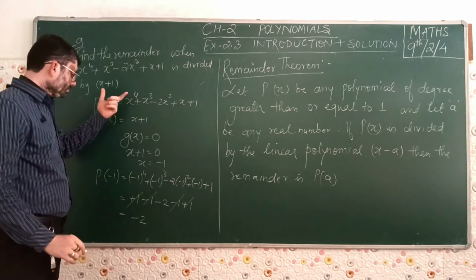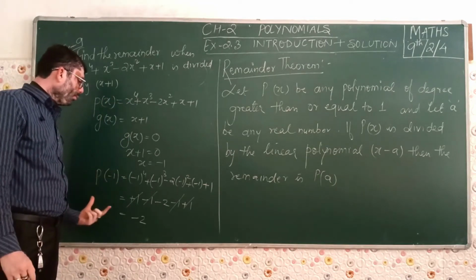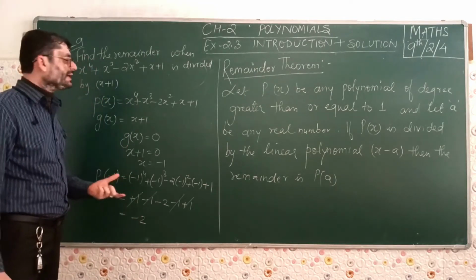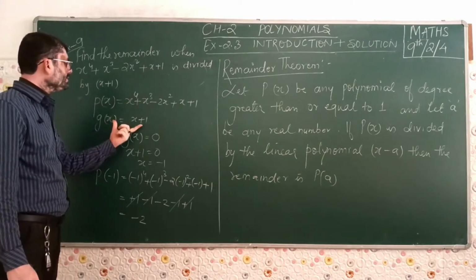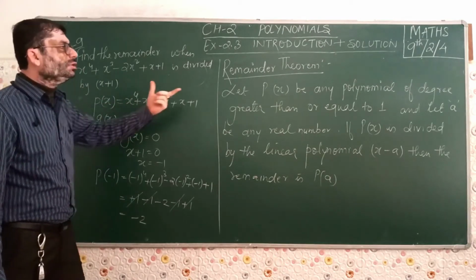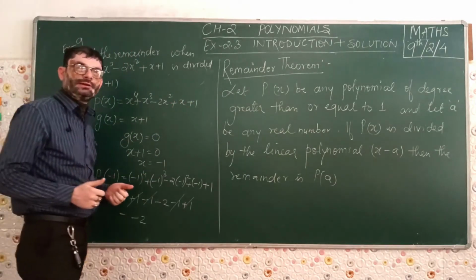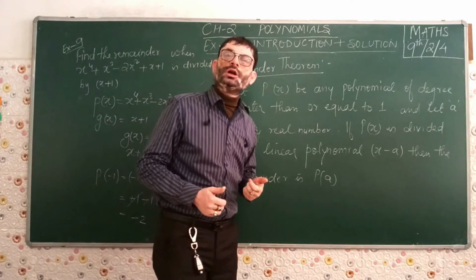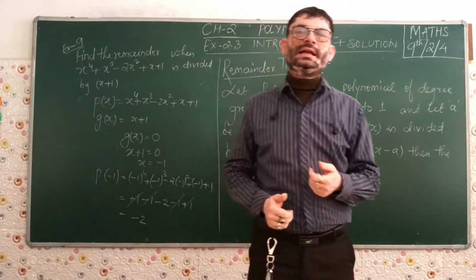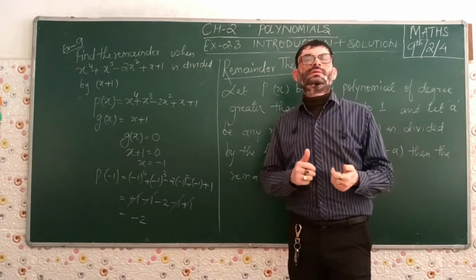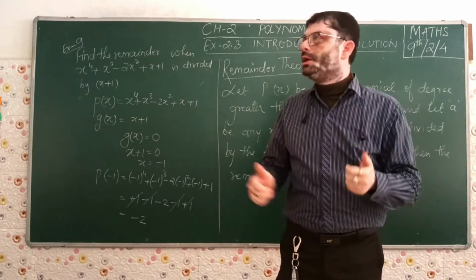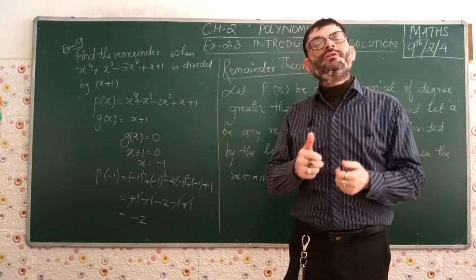So this is the method of how to obtain the remainder directly when one polynomial is divided by another polynomial using the remainder theorem. The remainder can be found in two different ways. One is directly by the long division method, and secondly, if we need to find only the remainder, we can use the remainder theorem very easily.